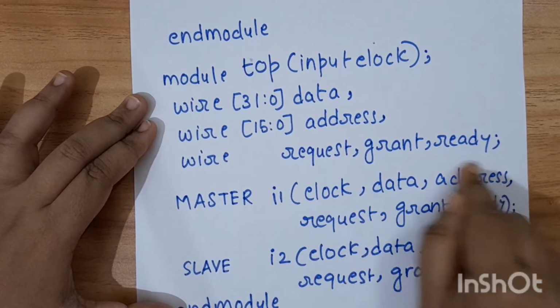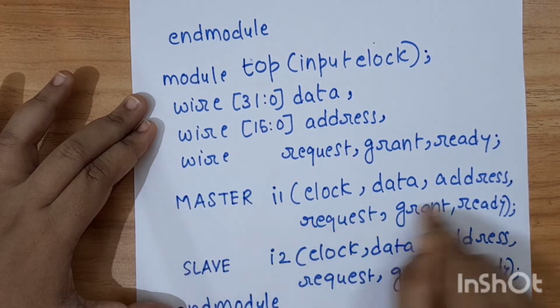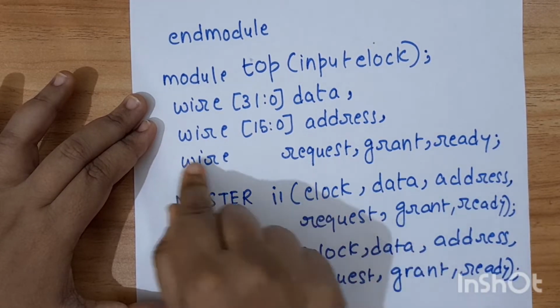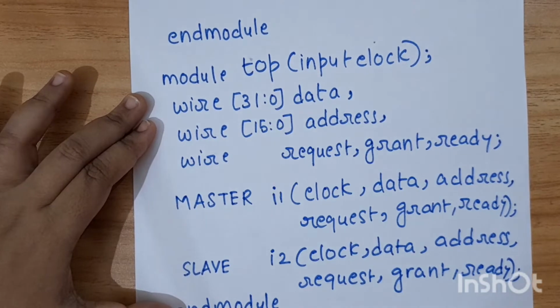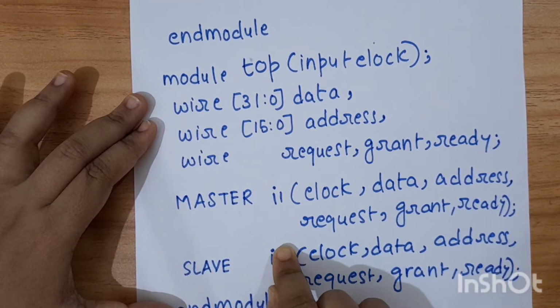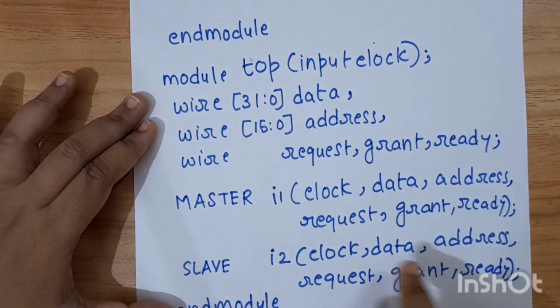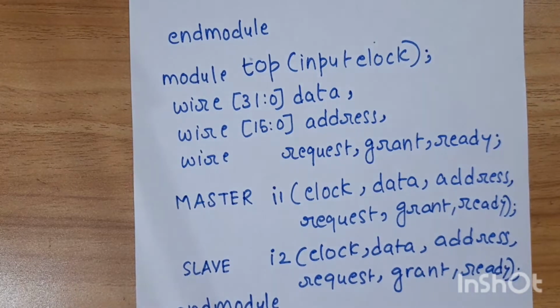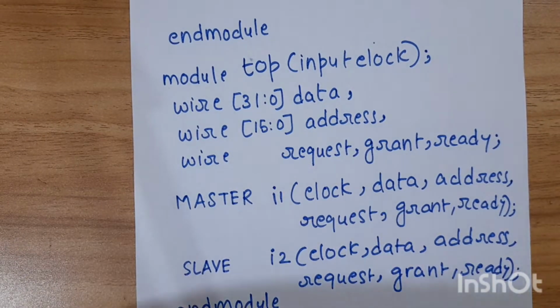All the signals which are available in the master module are connected with the signals in the top module. Similarly, slave is instantiated as I2 and all the signals in the slave are connected to the top module signals. So here the connections are made in ordered form.